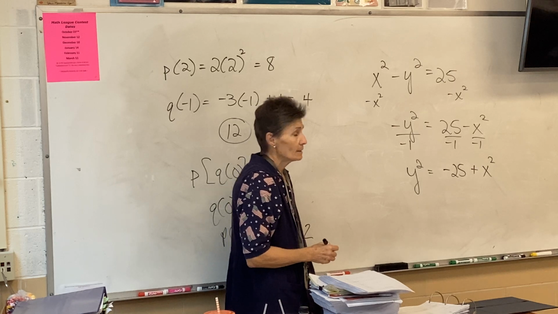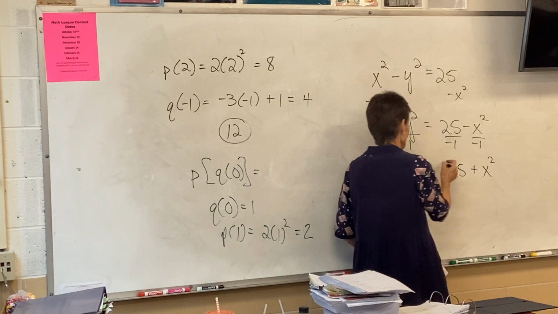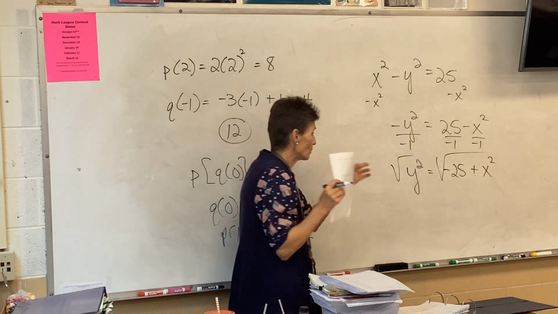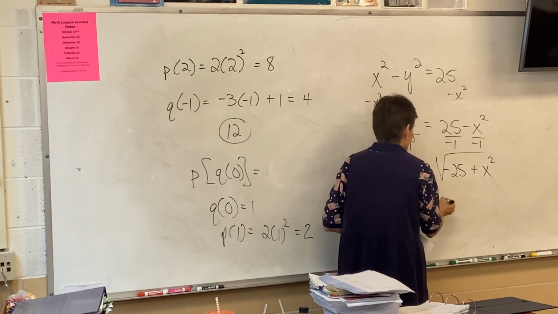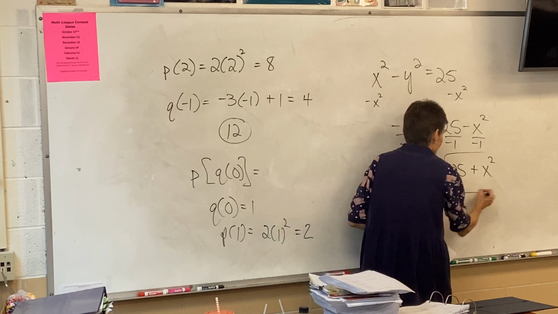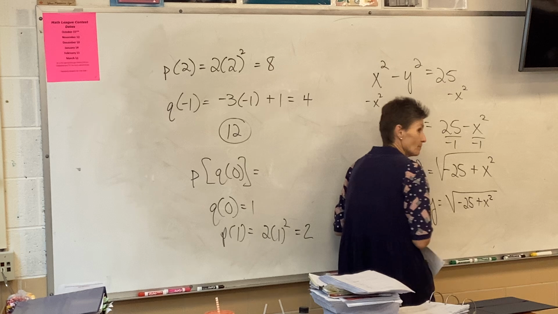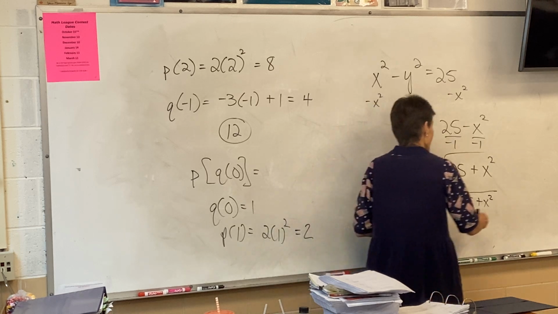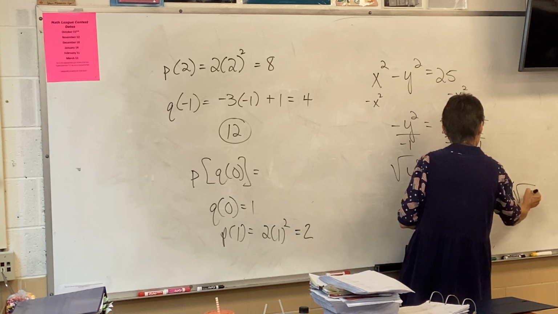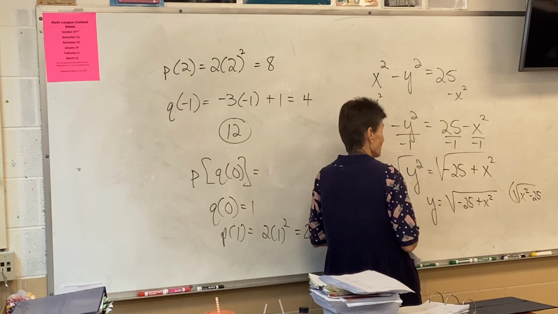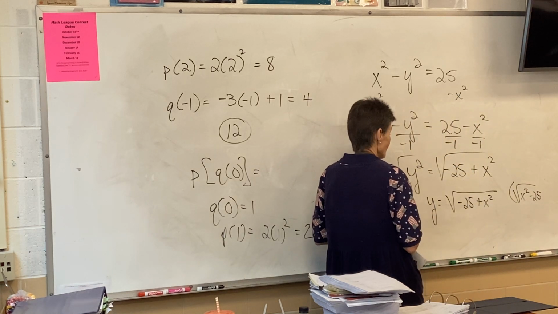Right? And then you're going to square root, and look right there, y equals, two answer blanks. So y equals the square root of negative 25 plus x squared, which by the way is the same as x squared minus 25. Doesn't matter to me, it's the same thing.